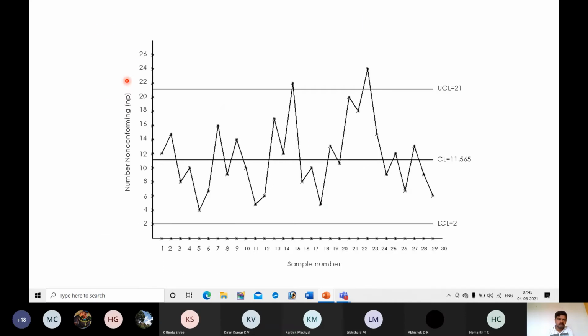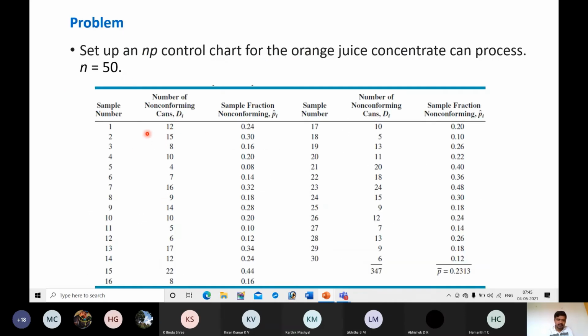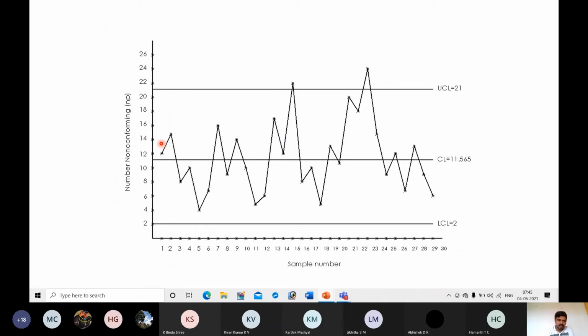So for sample number 1, the NP value is 12. For 2, it is 15. For 3, it is 8. Like that, you are plotting the NP values, nothing but the D value, the number non-conforming, number of defectives.